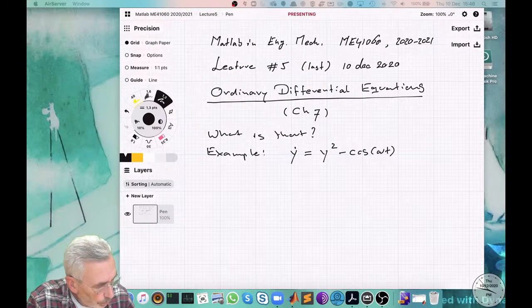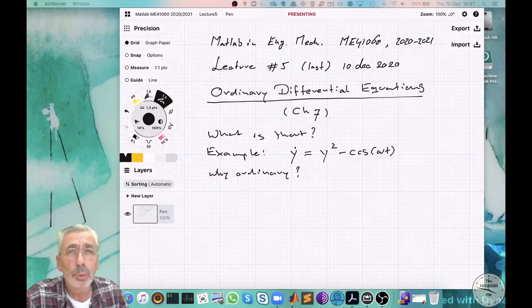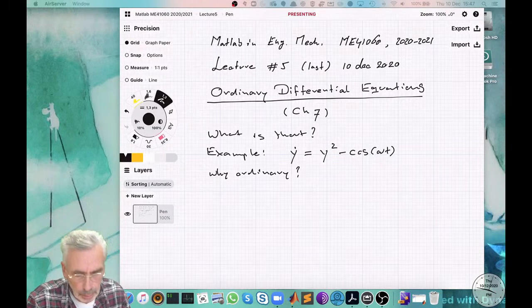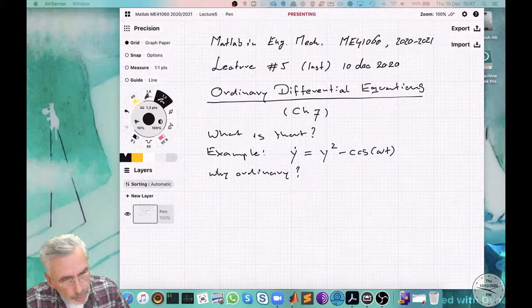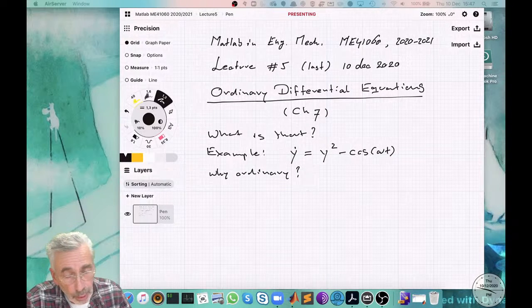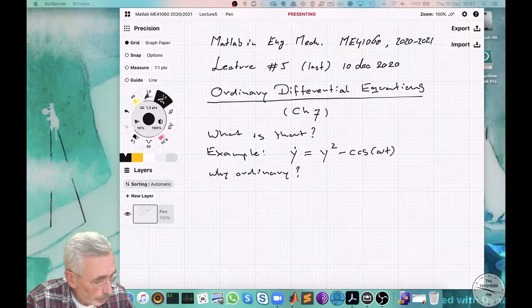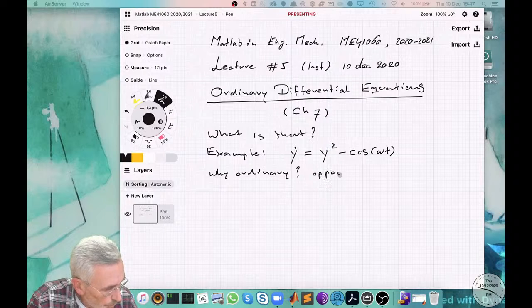So first of all, why is it ordinary? You could say, oh, ordinary as opposed to posh or elegant or upper class. No, it has nothing to do with that. Ordinary is because it's the opposite of a partial differential equation.